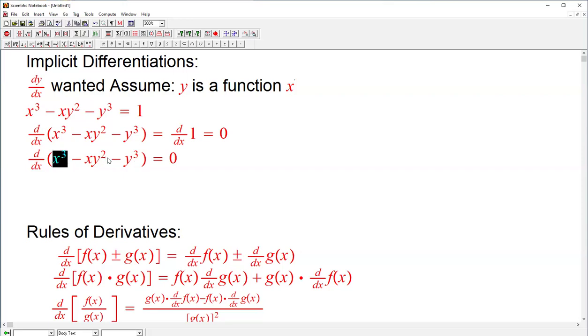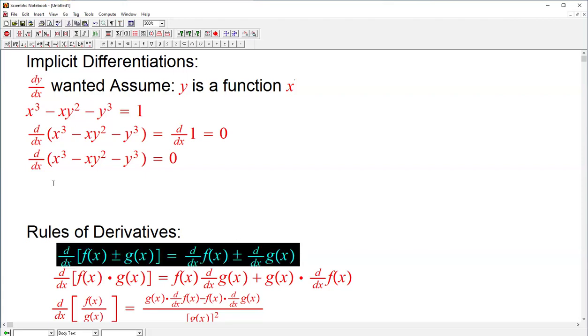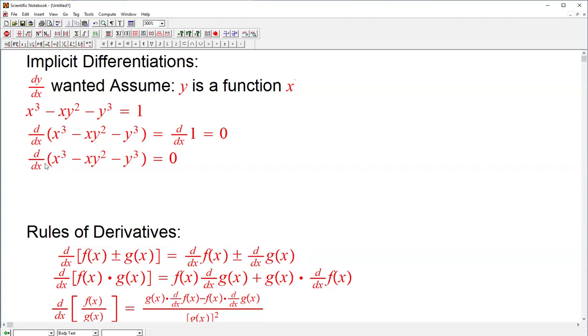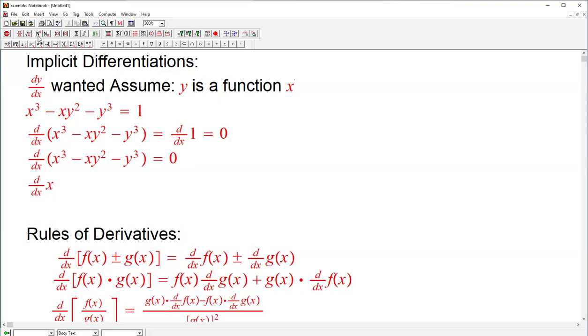We differentiate each one according to the rule of addition and subtraction of derivatives: the derivative with respect to x of x raised to the power 3, and we're also going to differentiate x times y to the power 2, and then differentiate y raised to the power 3, and all of it, of course, equals 0.